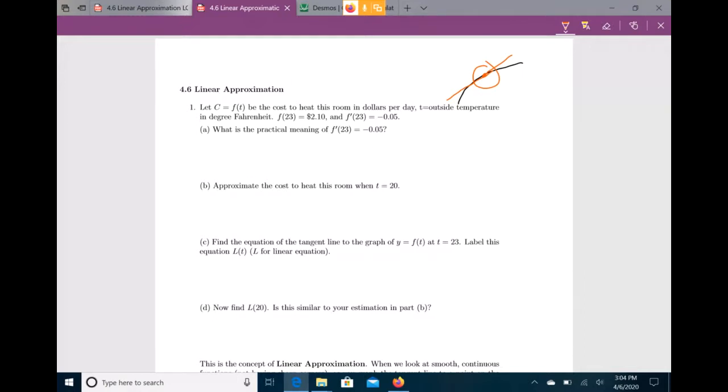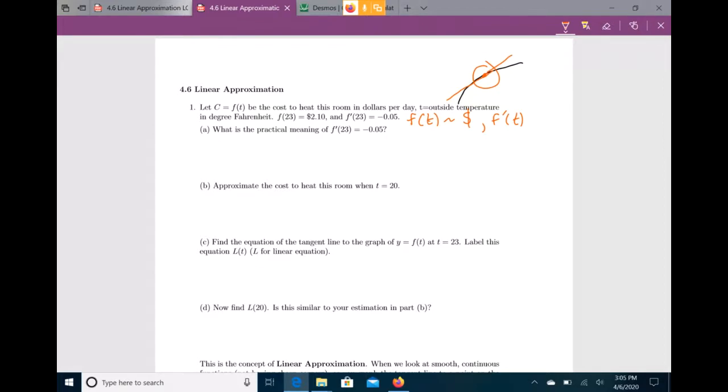All right, so it can be good to look at the units. So f of t is measured in dollars. The derivative is like change in y over change in x, right?